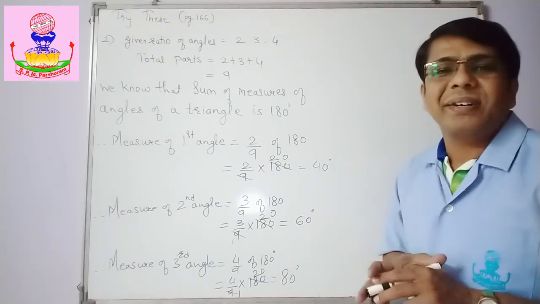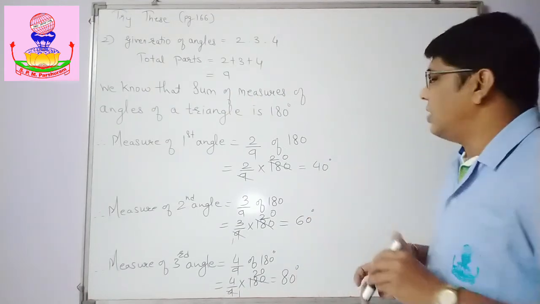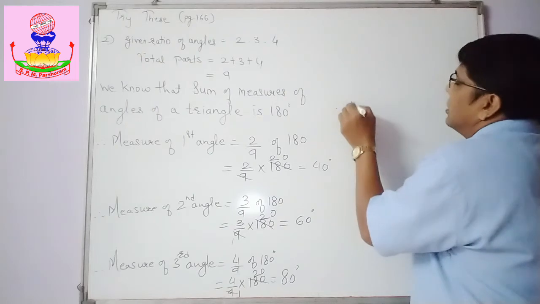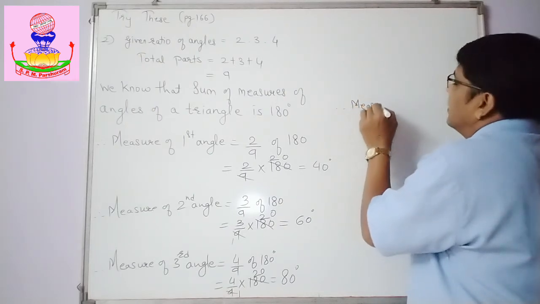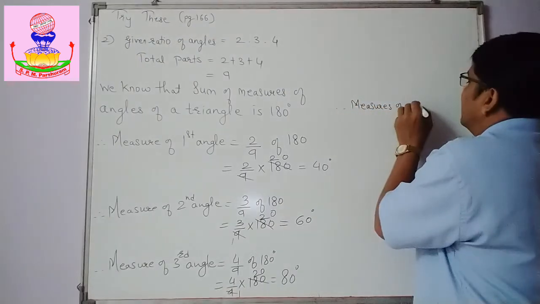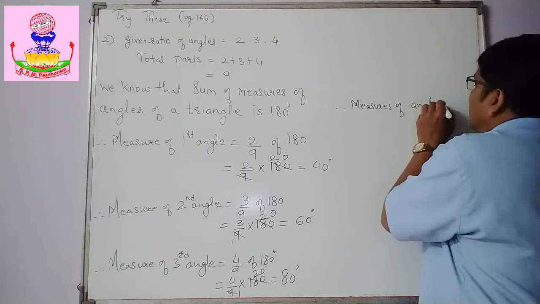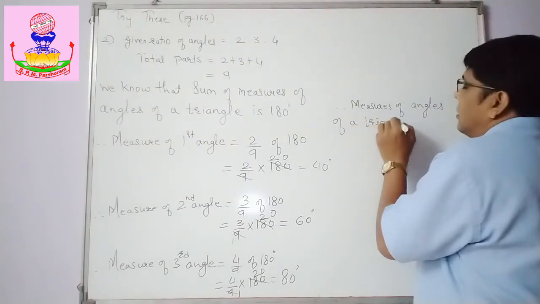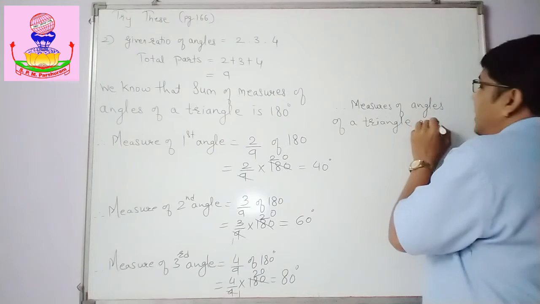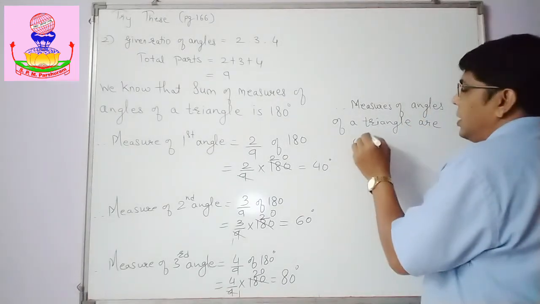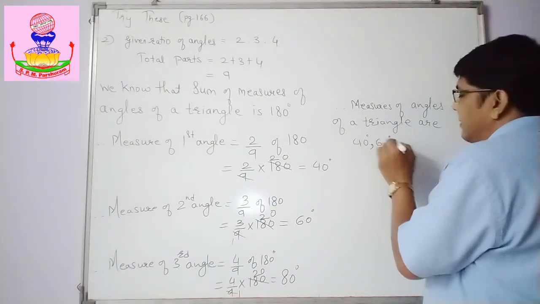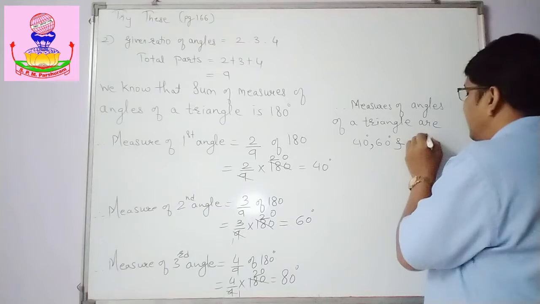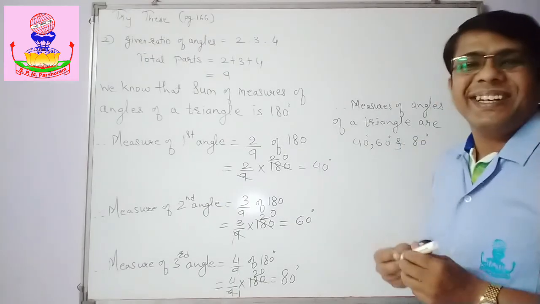It has to come 180. If it does not come, that means we have made a mistake. Now my final statement. Therefore, the measures of angles of a triangle are 40 degrees, 60 degrees and 80 degrees.